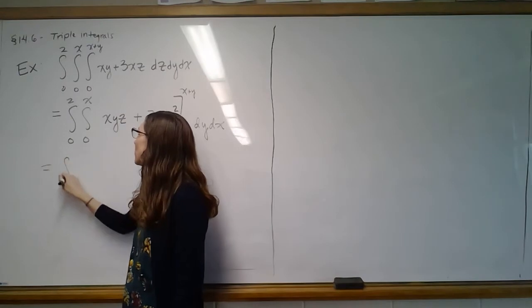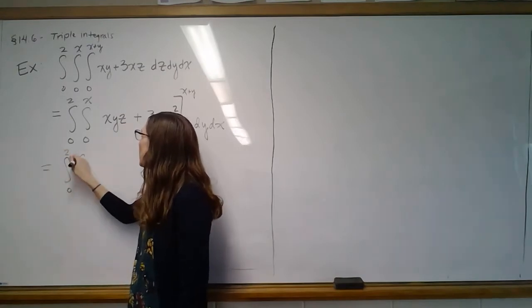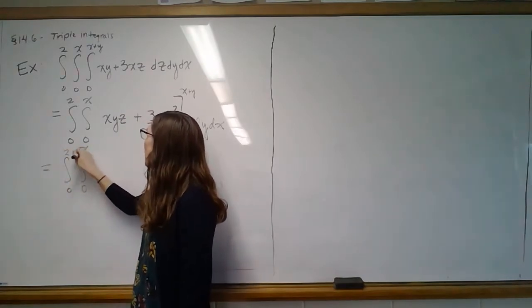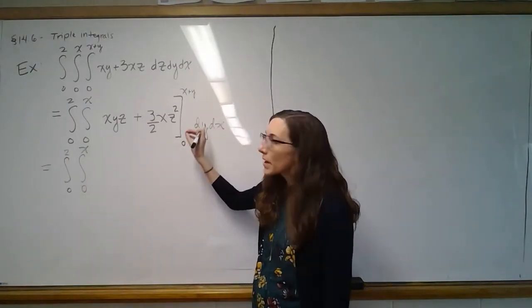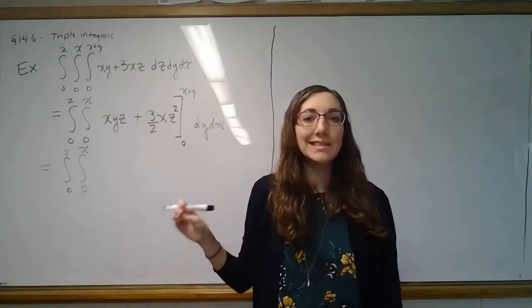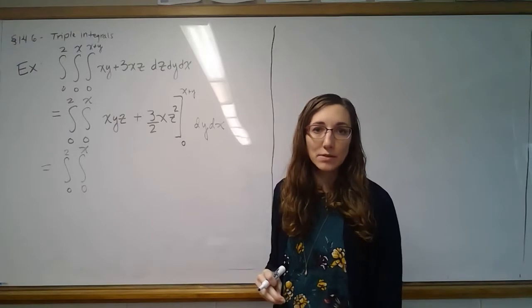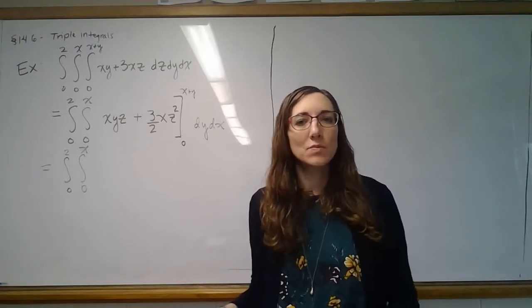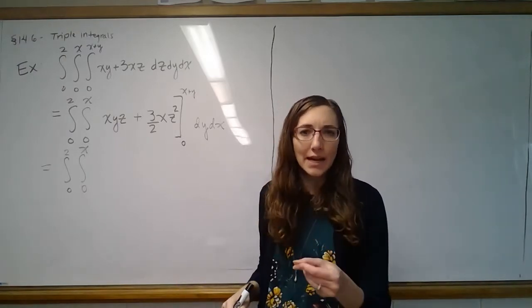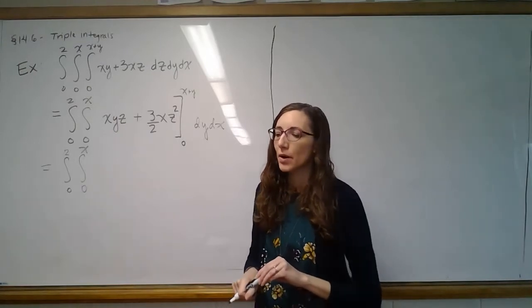So now we've got the integral from 0 to 2, the integral from 0 to x. So remember, careful, we're plugging these in. This was a dz integral, so we're only plugging these bounds into z's, which kind of makes sense. We're not going to plug in x's and y's into x's and y's. You're going to plug it into the other variable.